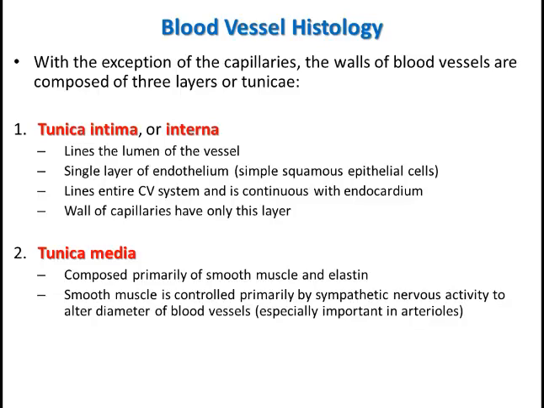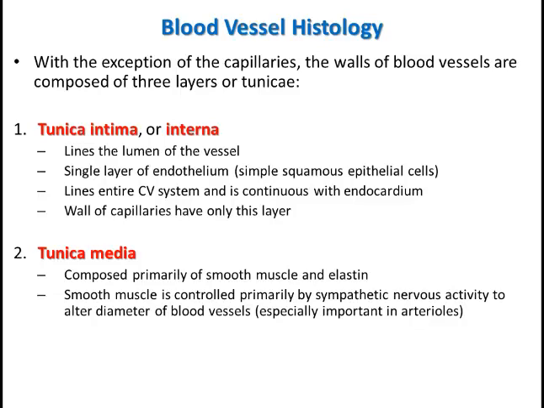This is especially important in the arterioles, because it will change resistance in the cardiovascular system. If you remember from lecture a while back, small changes in radius can lead to pretty significant changes in resistance. The arterioles are really important in that job, and this is one of the main mechanisms by which we control blood pressure.